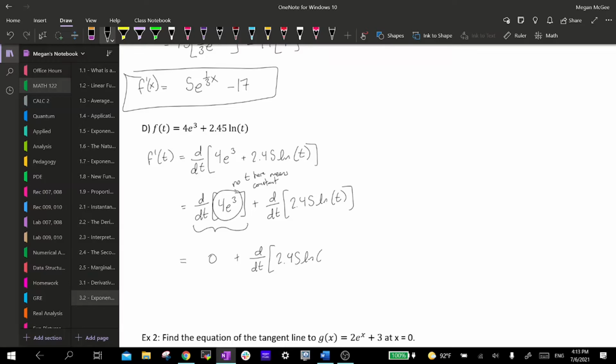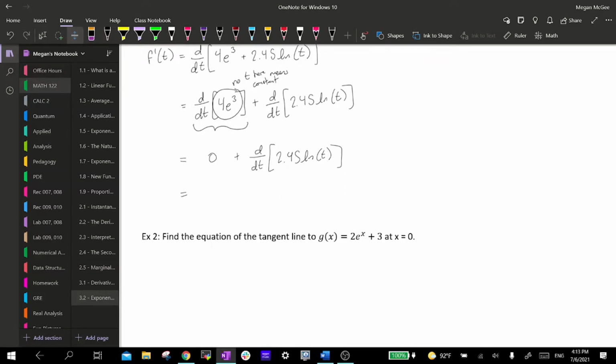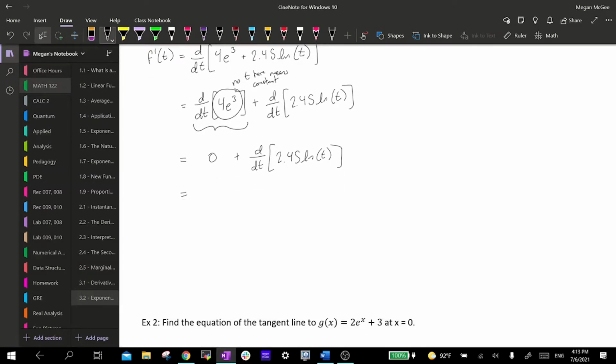2.45 natural log of t. So let's find out what that derivative is. Now we can use the constant multiple rule. We can go ahead and pull that 2.45 out of there times our derivative of the natural log of t.